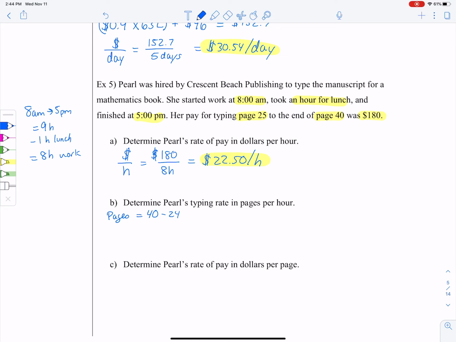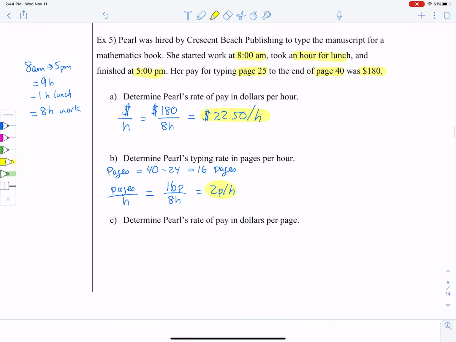So only minus 24 because that's how many were typed before she started. So that's 16 pages. She typed 16 pages that day. Pages per hour: she typed 16 pages and she worked 8 hours. So 2 pages per hour.